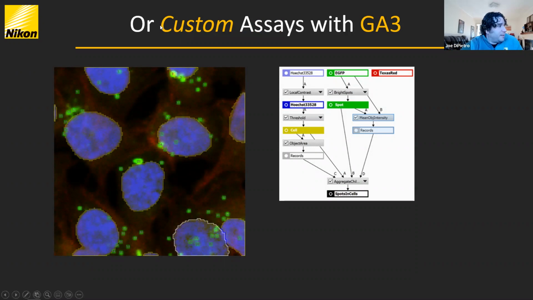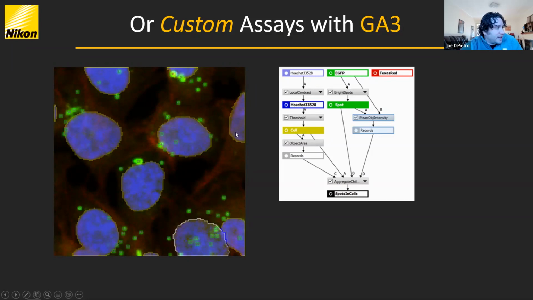So, for example, you have your different colors, and then maybe you want to do a local contrast on them, and maybe you want a threshold on the cell, and then a threshold on these other little structures that you have here.